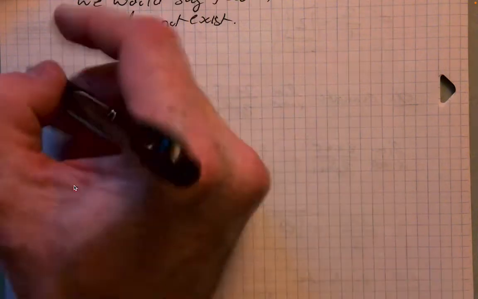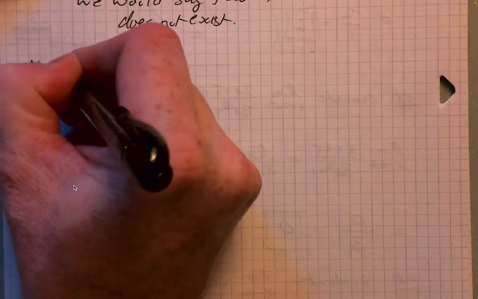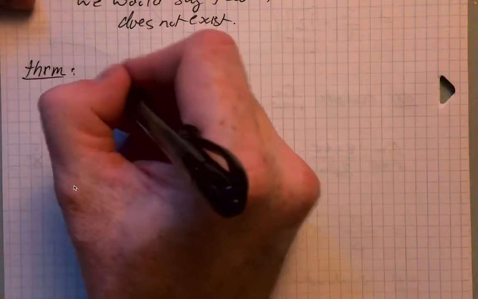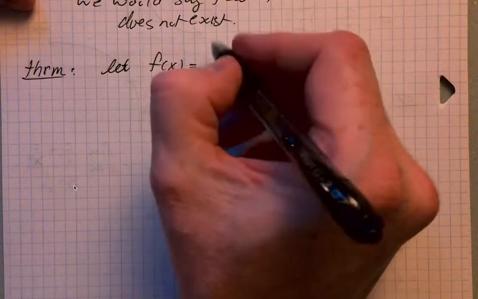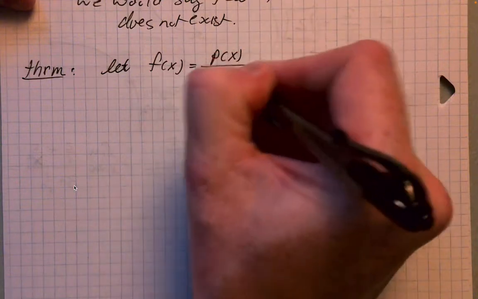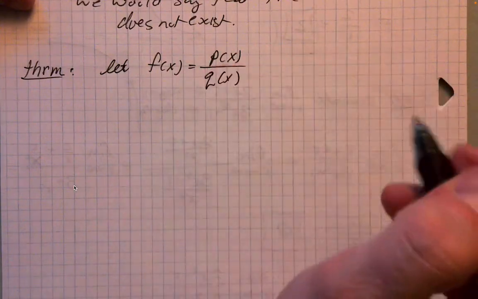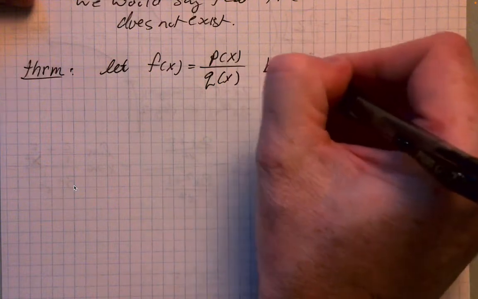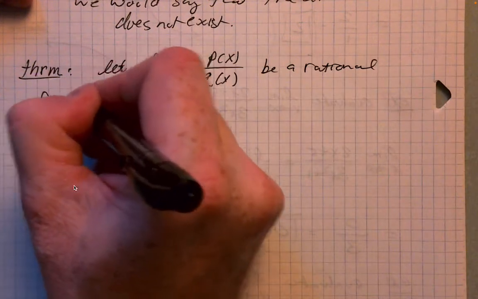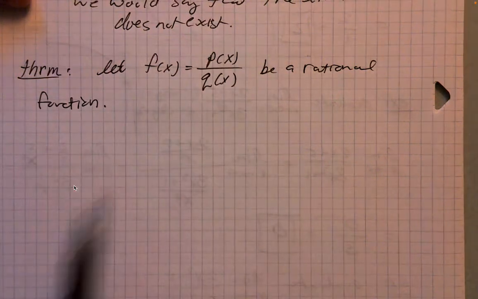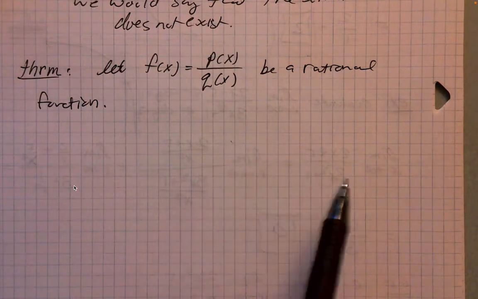So this is kind of a theorem to summarize what we just talked about for these rational functions. So we'll let f of x equal p of x over q of x be a rational function.